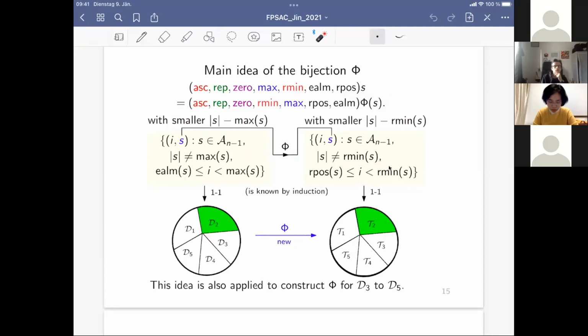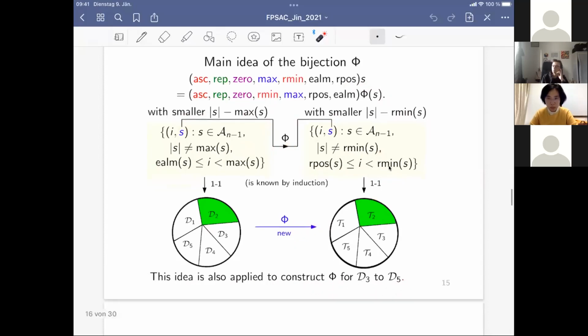And this EM equals this R pose. So this bijection is known. With this known bijection and the two transformations we constructed, we are able to define the new phi between D2 and T2. The idea is also applied to construct phi for other subsets, but here I will omit the details.